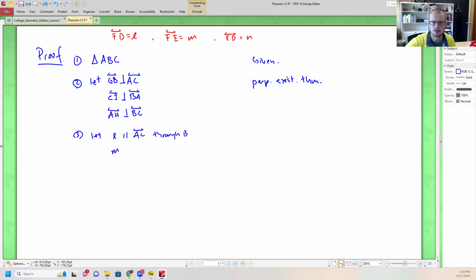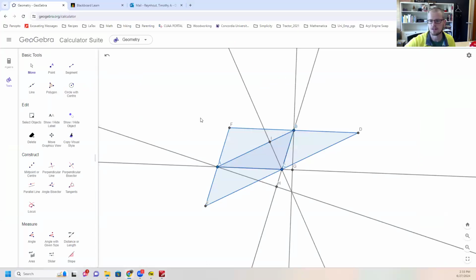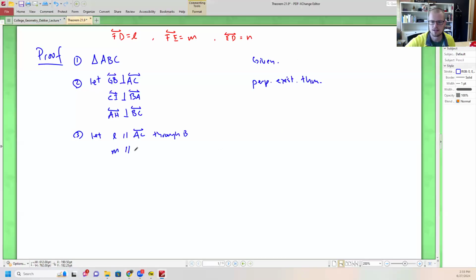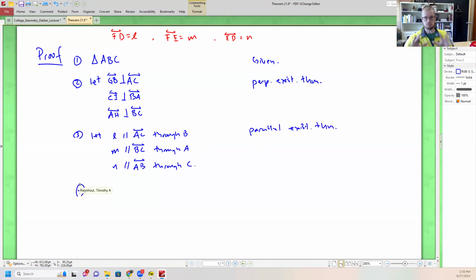M, FE, is parallel to BC through A. And then N must be parallel to AB through C. And this is given by the parallel existence theorem. All right, it's going to take a little while. We got this. So we have our parallels constructed in our proof.